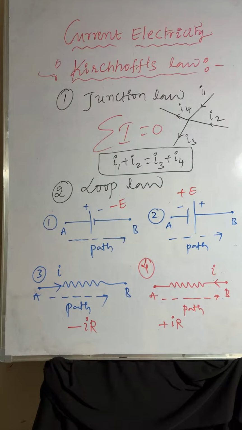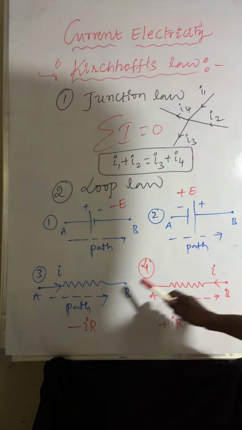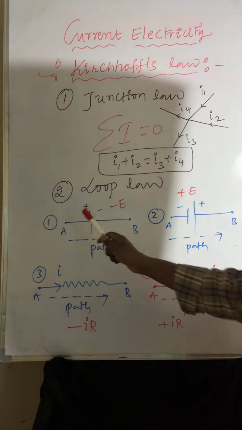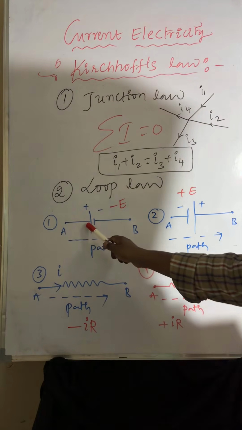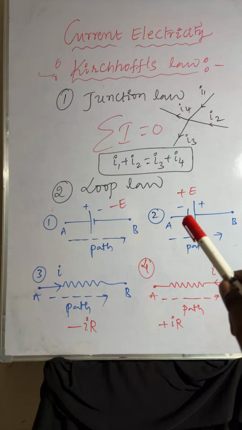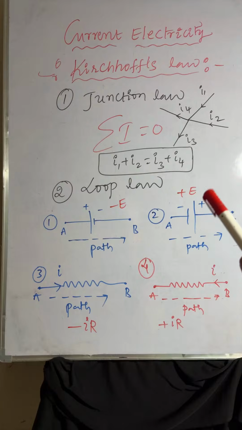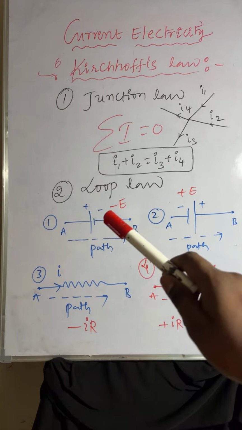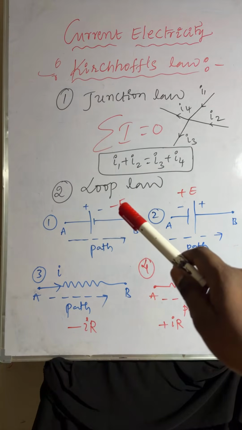The dotted lines represent the path in which direction you are moving. Here we are moving from positive to negative, so EMF is negative. In the second case, you are going from negative to positive, so positive EMF. The end point is positive, so positive EMF. Here the end point is negative, so that's why negative EMF.